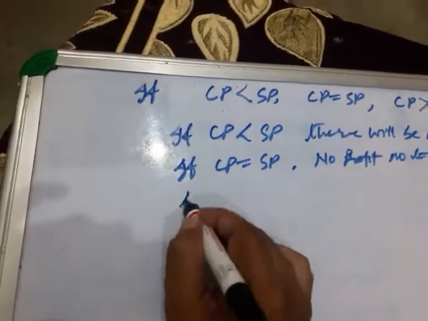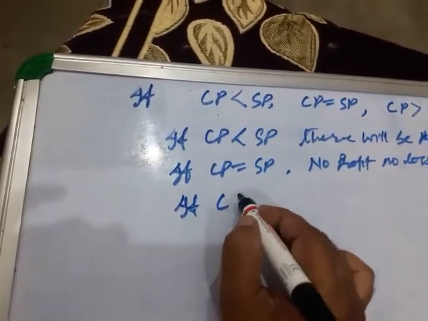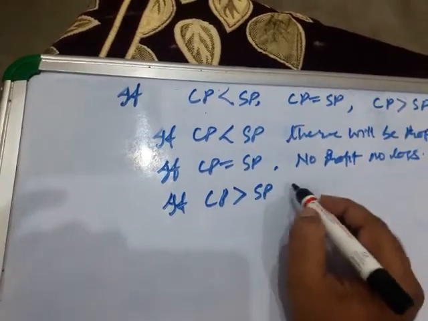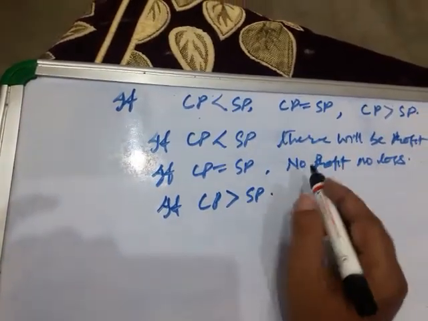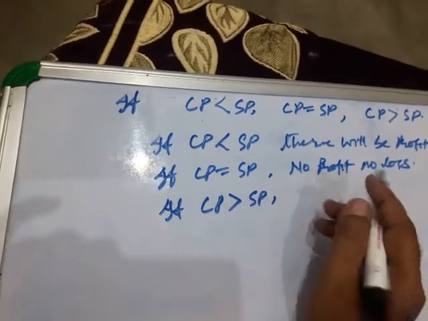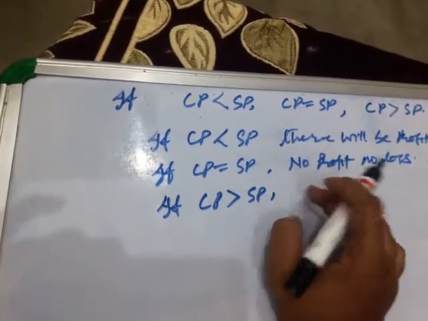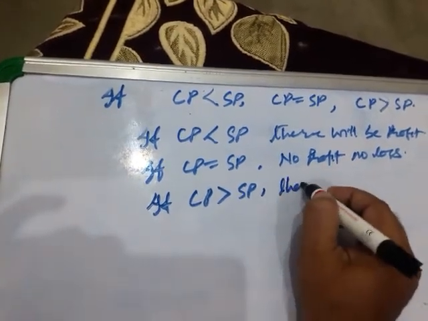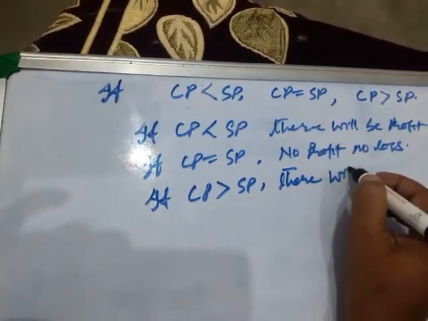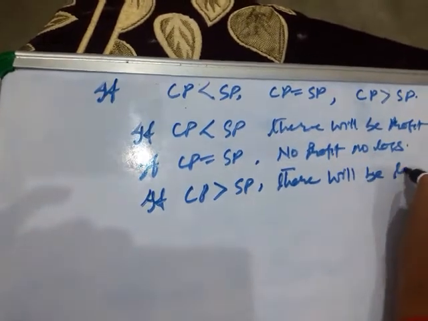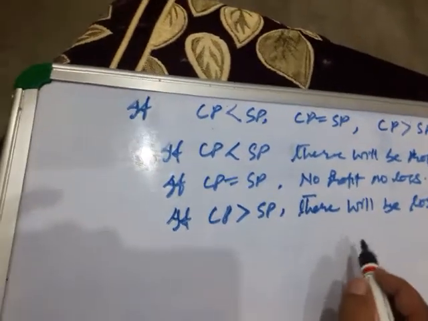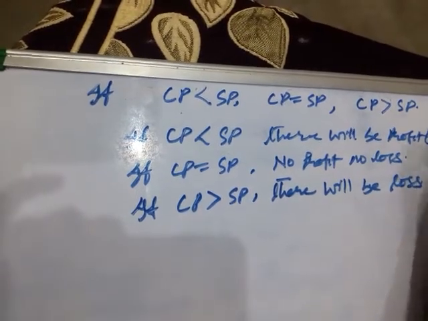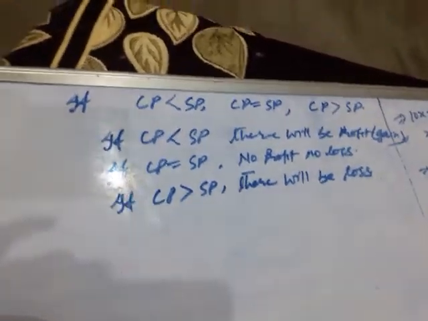Okay children, if CP is greater than SP, means you purchased a pen at 10 rupees and you sold it for 8 rupees, then you are in loss. Okay children, profit is also known as gain.